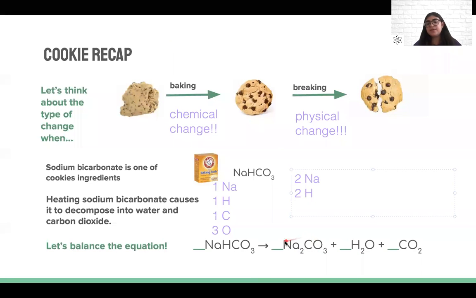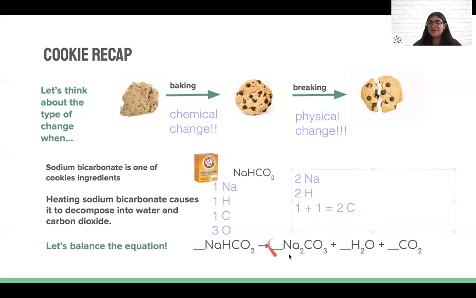For carbon, we have this carbon over here, which has no subscript, no coefficient, so that's 1. And also we have the carbon from carbon dioxide, which again, no subscript, no coefficient, so that's 1. So we have 1 plus 1, 2 carbons. And again, I understand that 1 plus 1 is 2, but that's just to help us remember that there's carbon in 2 different places. And now we have oxygen.